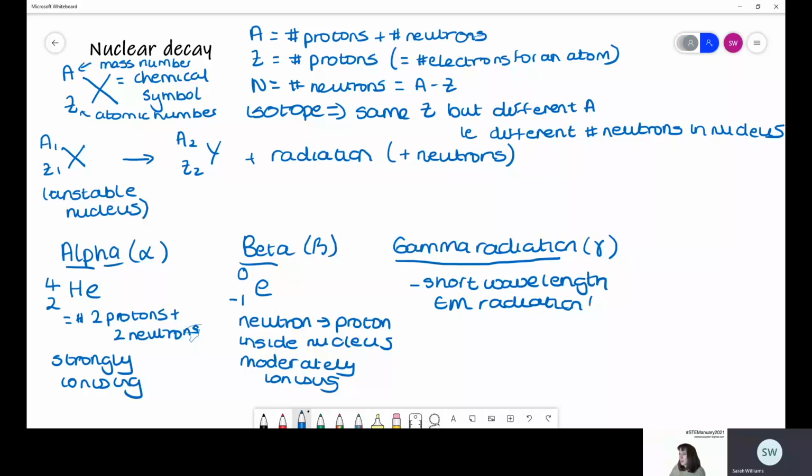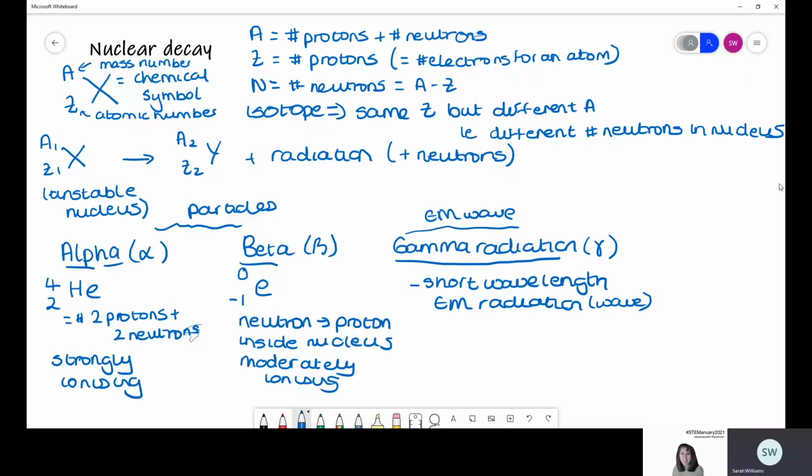For the level we're working at GCSE, you can think of alpha and beta radiation as both being particles, and gamma radiation being an EM wave.